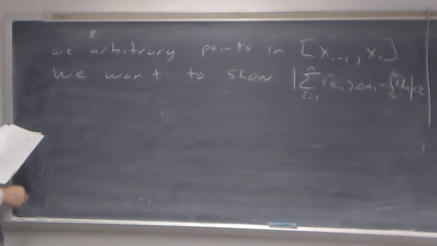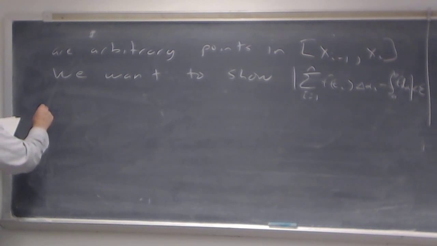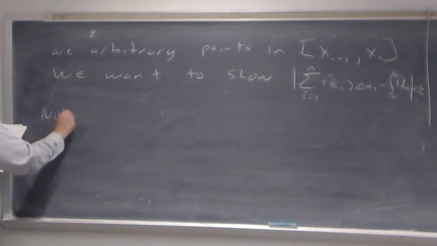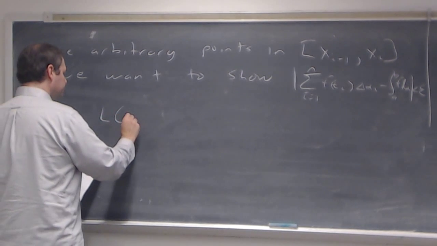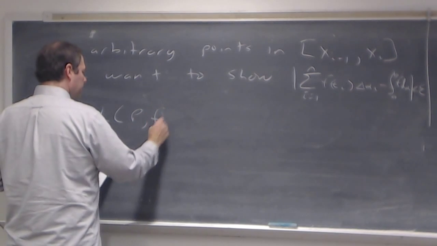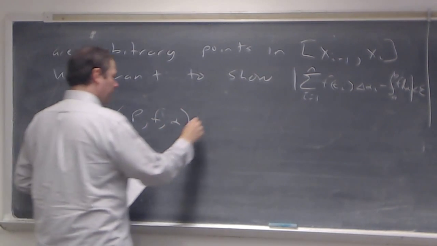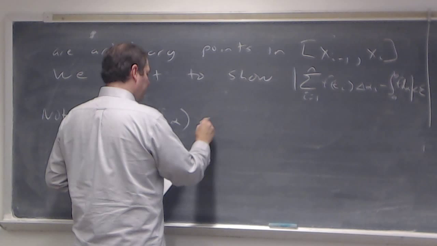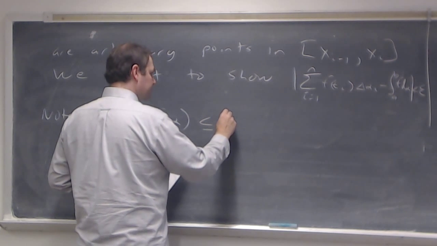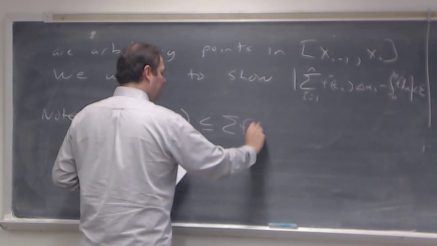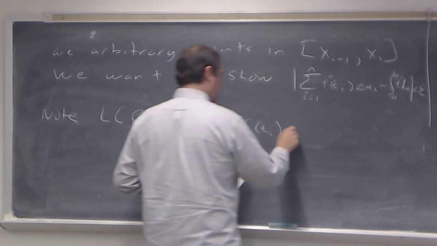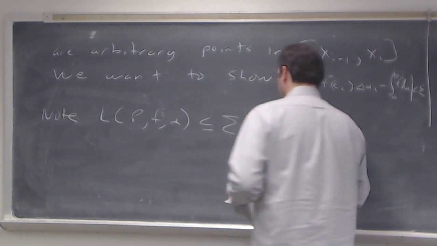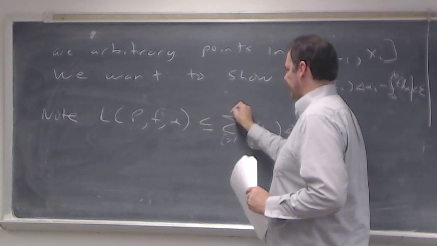So here's the way that we do this. The first thing we note is that the lower sum with this partition is going to be less than or equal to the sum of the f of t sub i times delta alpha sub i, as i runs from 1 to n.